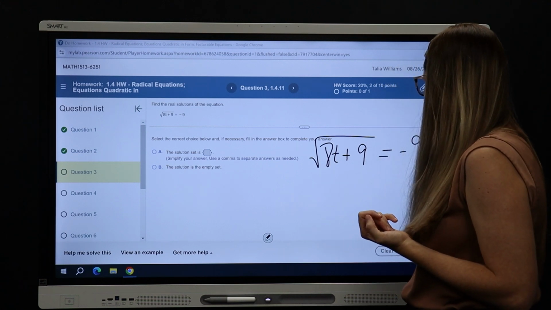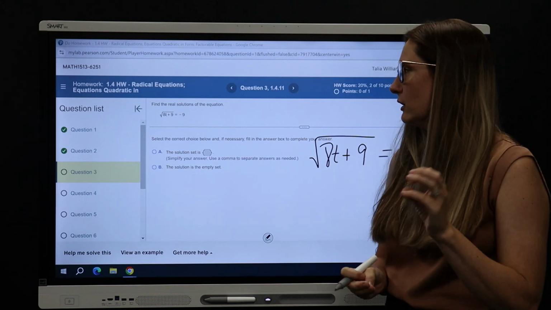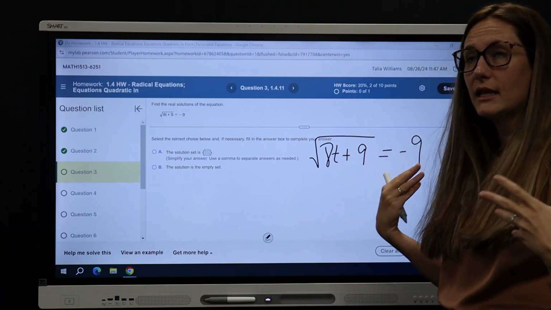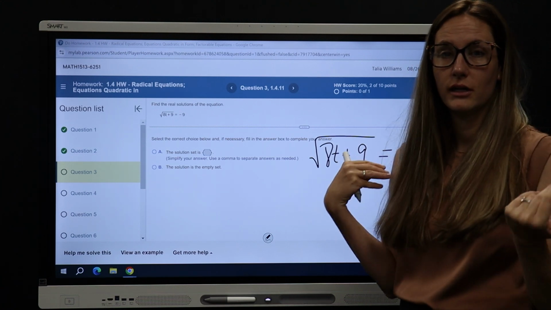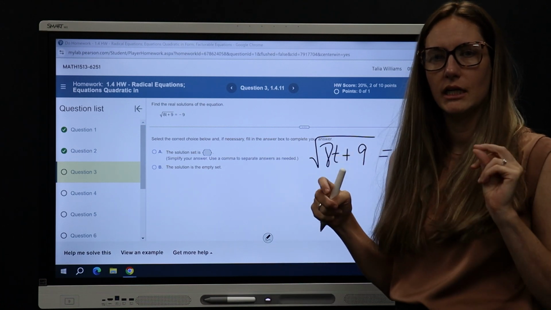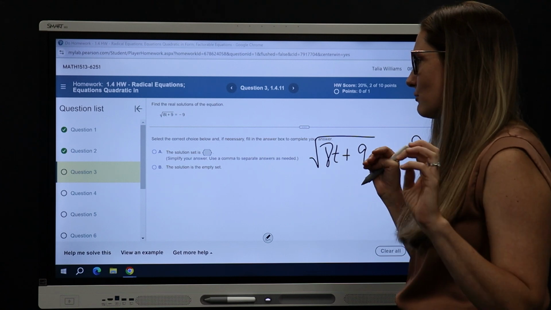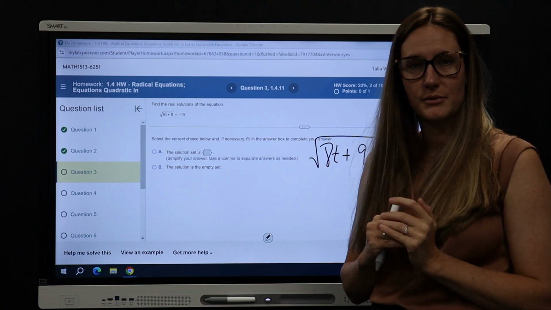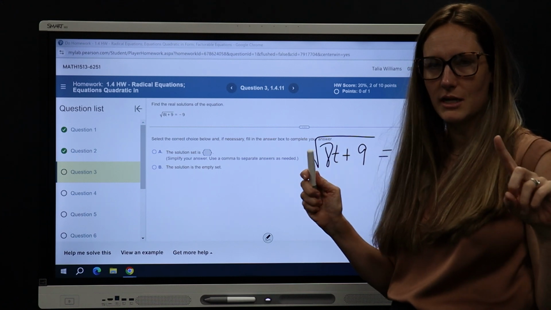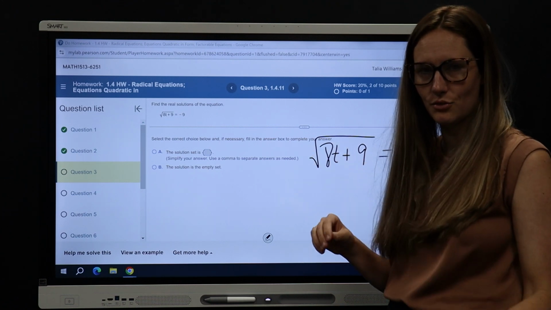equals negative 9. So our last lesson was 1.3, and it was over complex numbers. In that lesson, we learned that if you take the square root of a negative, it becomes an i, an imaginary number, because the opposite of a square root is a square, and if I square a negative, if I have negative 5 times negative 5, we get positive 25.